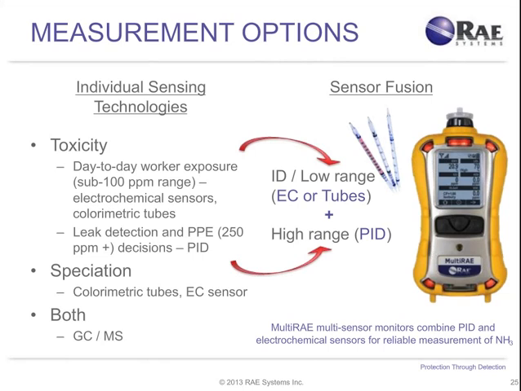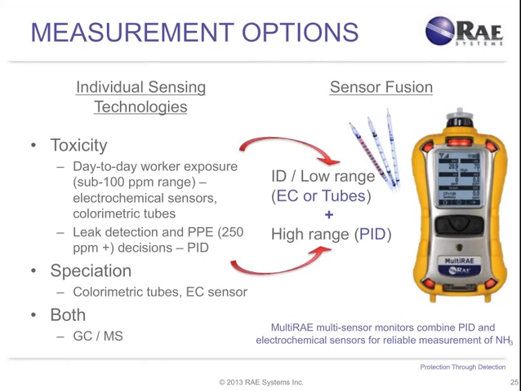So you have an option. You can use the tubes. For example, the range of tubes that we offer at RAE Systems here can go from lower parts per million out to up to 20-25% volume, right? So tubes are definitely an option to accomplish this goal from A to Z, but we know what the limitations of tubes as a detection technology are.